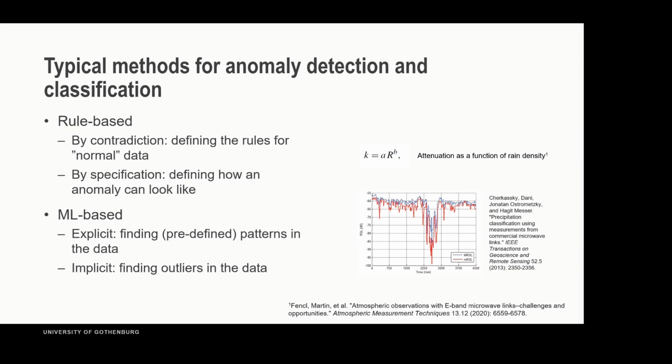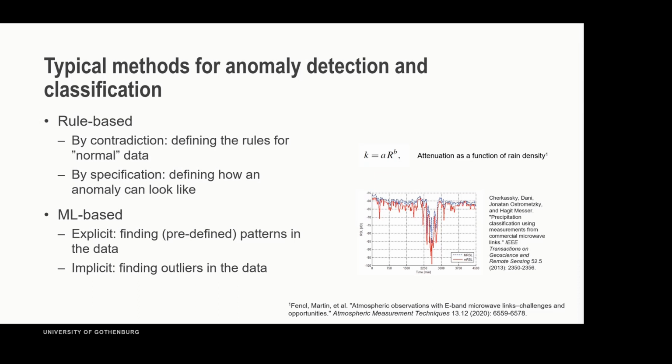On the diagram, we can see the strength of the signal of a radio link, which is showing the drop in the signal strength due to rain density. And this is defined by contradiction.